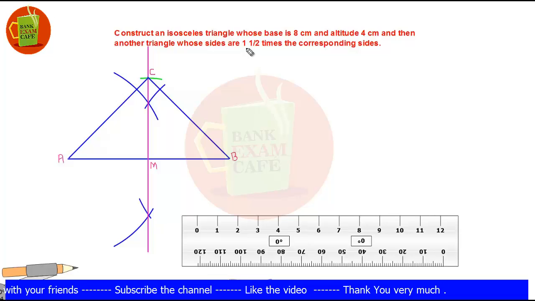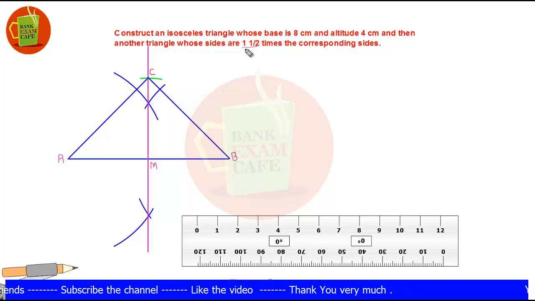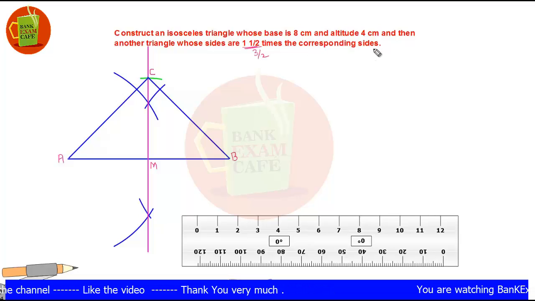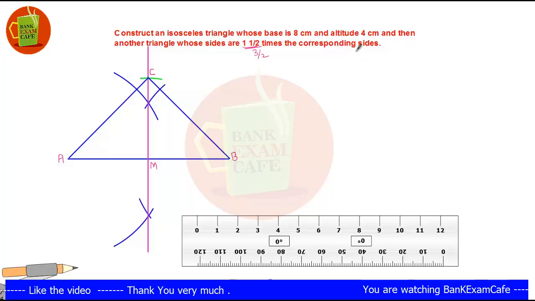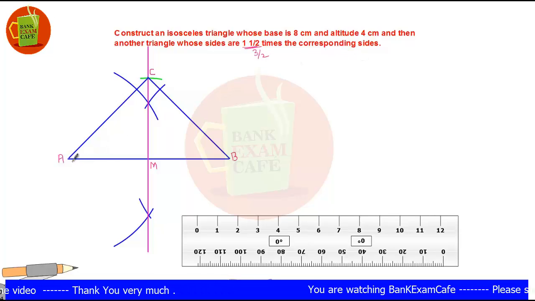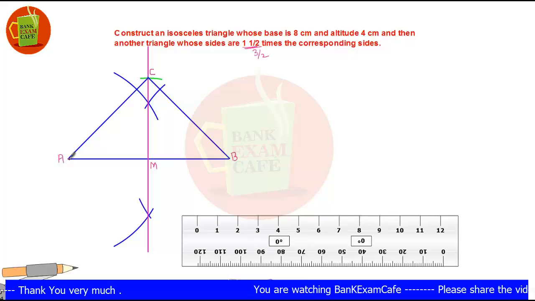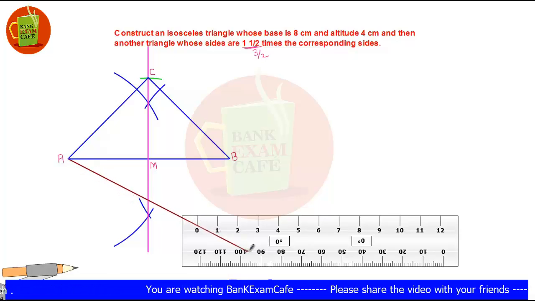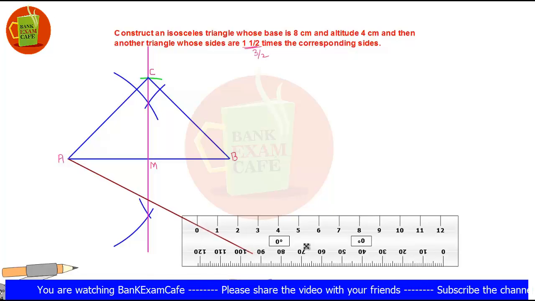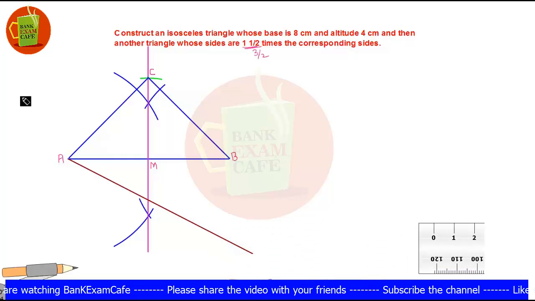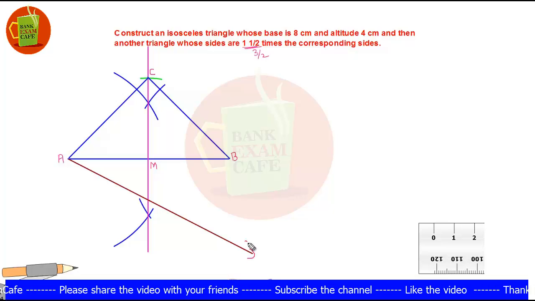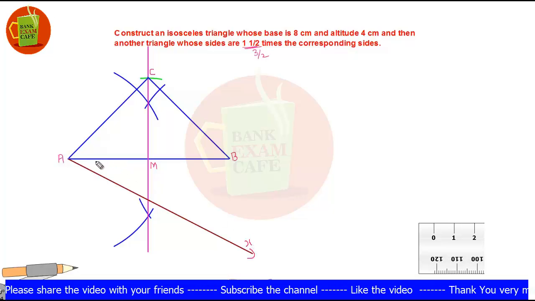Now we have to construct another triangle whose sides are 3 by 2 times that of the corresponding sides. Now as we have done in the previous cases, draw any acute angle BAX. Let this be X point. And so this is the acute angle.